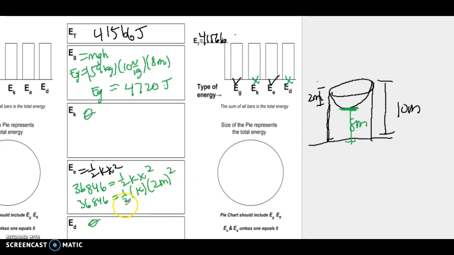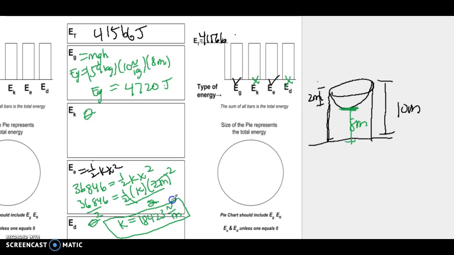So 1/2 of 4 is 2, so K is going to be this divided by 2, which is an incredibly huge spring constant, in newtons per meter. Seems wrong, but I'm guessing it's okay. All right, 18,423 newtons per meter.